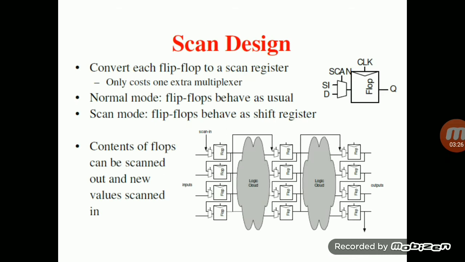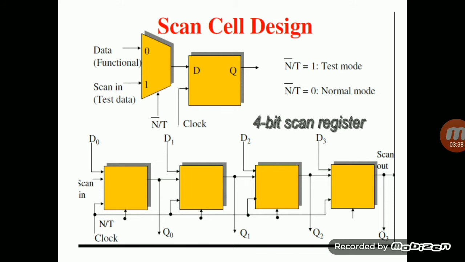Next, let's go for scan based design testing. Scan based means that, in order to do test pattern generation, we can use a scan cell. This scan cell consists of a 2:1 multiplexer and a D flip-flop. The mux has two inputs, A and B, that is, data and scan in test data.